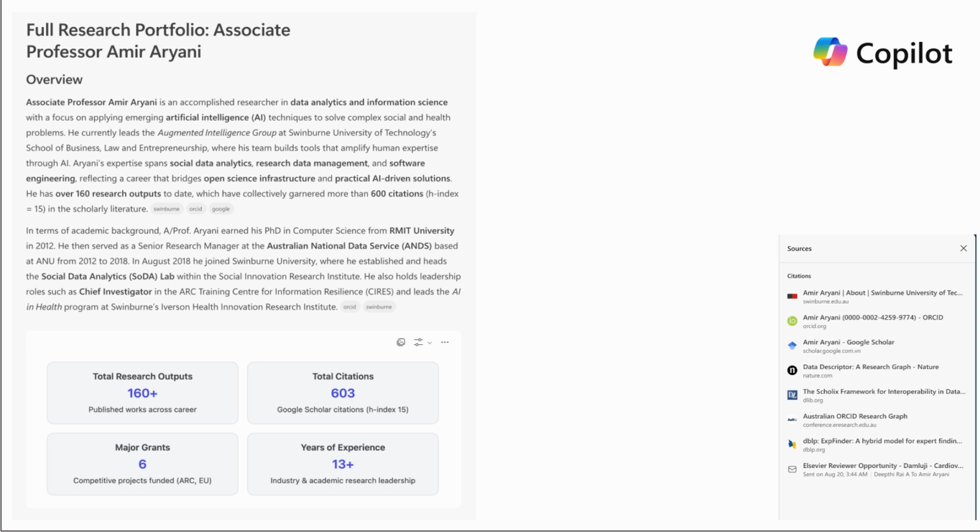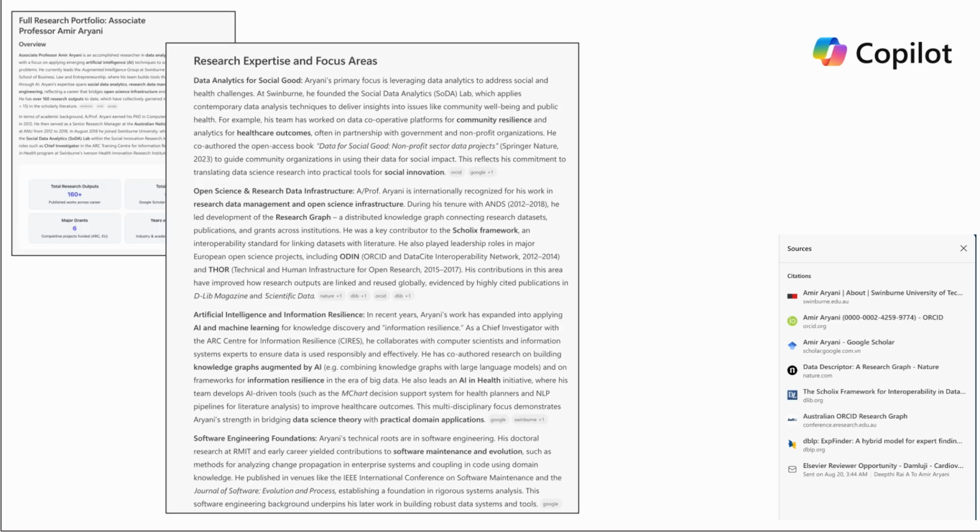It gives a reasonably well-crafted overview with the number of grants, citations, projects. Although interestingly enough, the grants are limited to the publicly accessible information. It only shows 6, in contrast to the about 20 grants I have listed on my Swinburne profile.